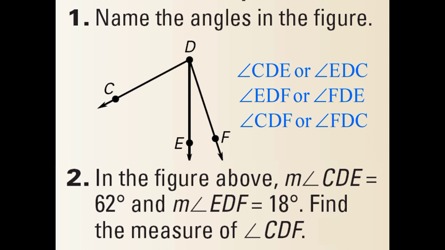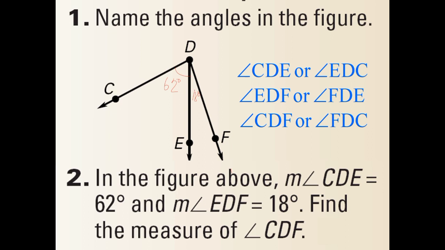In the figure above, the measure of angle CDE is 62 degrees, and the measure of EDF is 18. What is the measure of CDF? As far as we know, the measure of angle CDF is the sum of the measures of angle CDE and EDF.